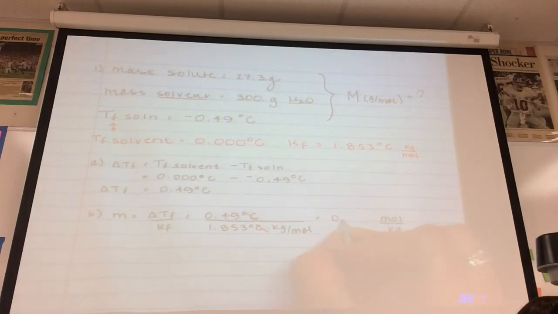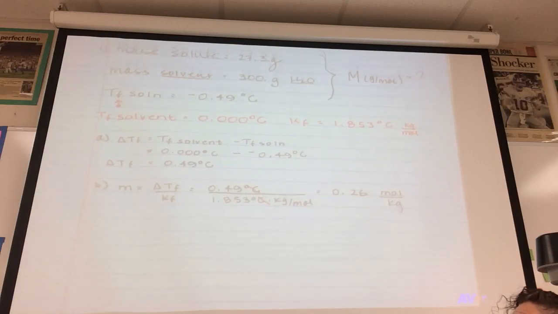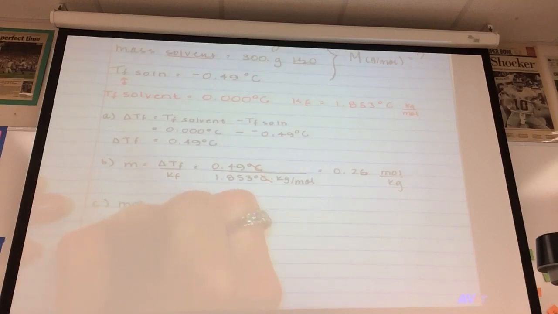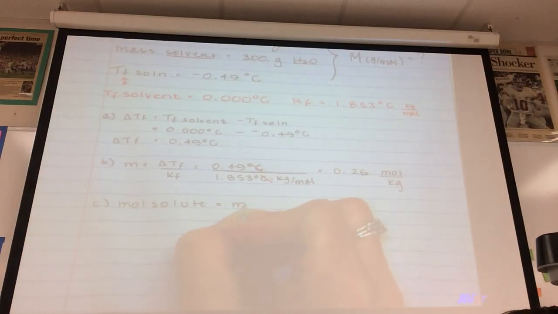And that's 0.26 moles per kilogram, or molal. In step C, you want to get moles of the solute, and that's equal to the molality times the mass of the solvent in kilograms.